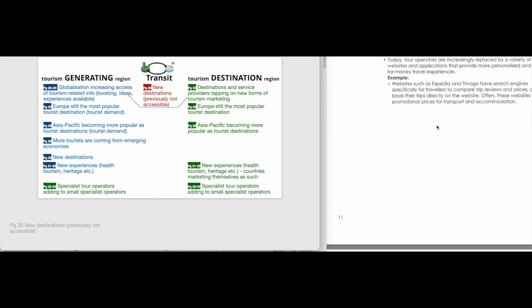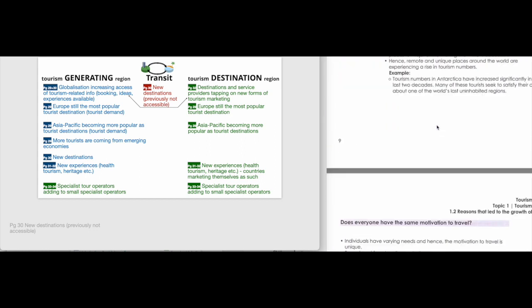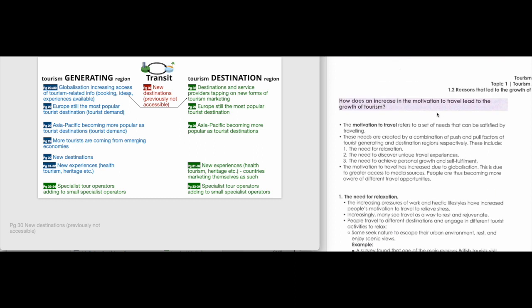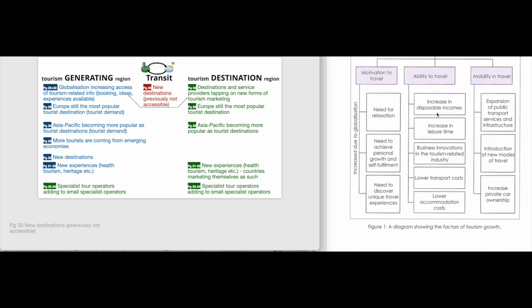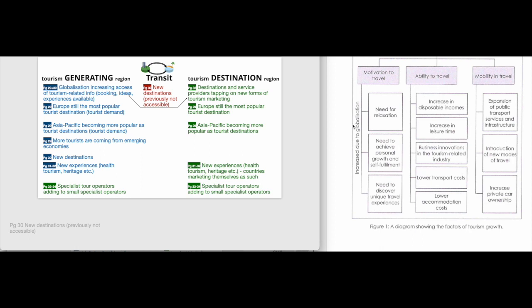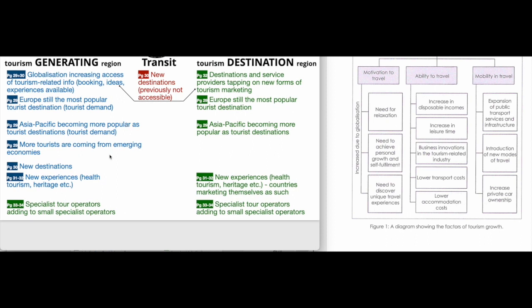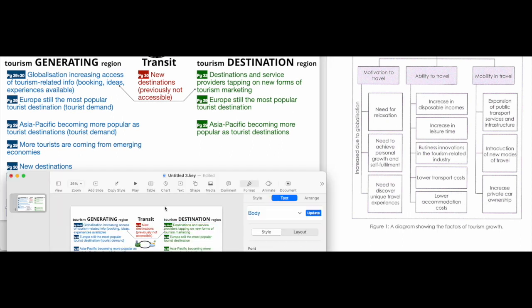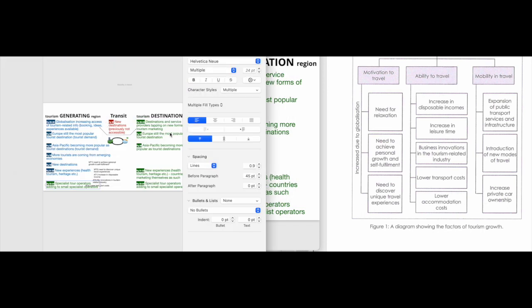growth in tourism. Can some of these reasons explain some of these trends that we have already learned? Let's give it a try. Need for relaxation is something that is not causing any of these changes. It just increases tourism everywhere.